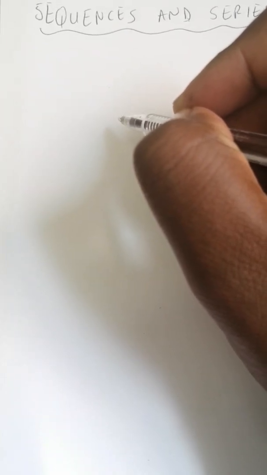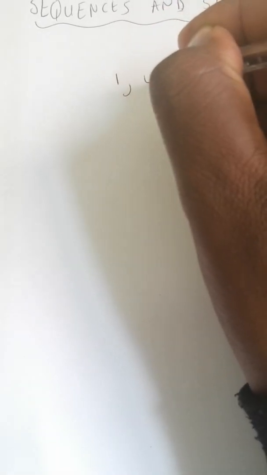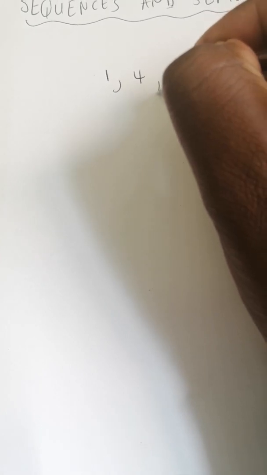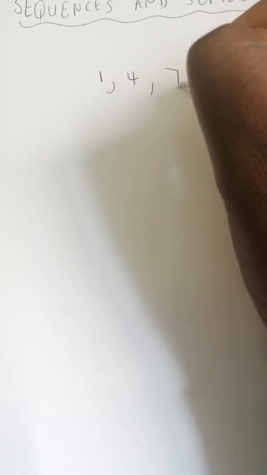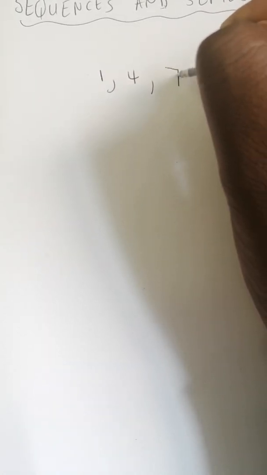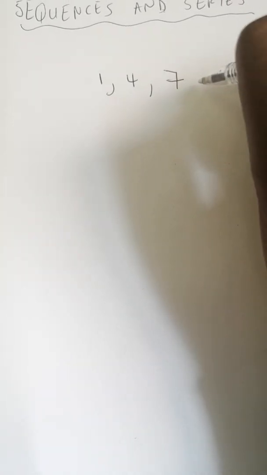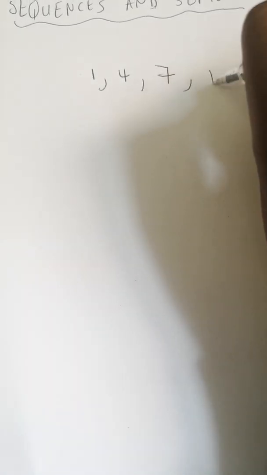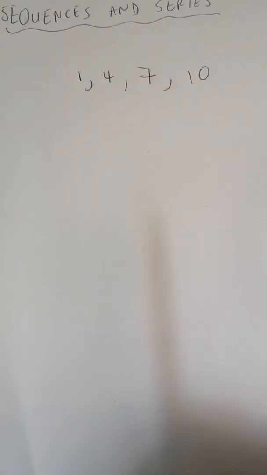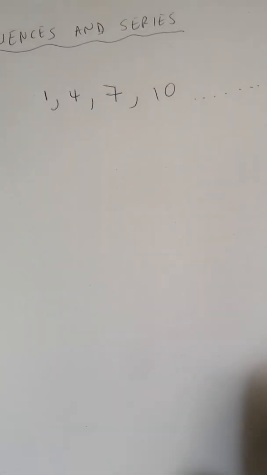So for example, a sequence 1, 4, 7, and a 10 there. 1, 4, 7 and 10, that's a sequence, and it continues like that.